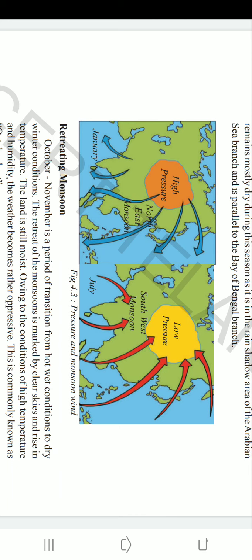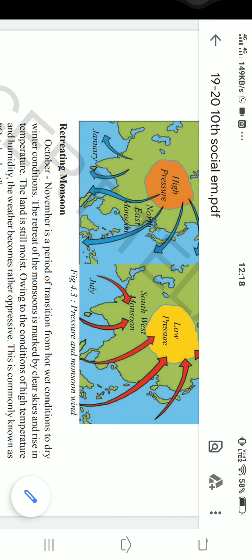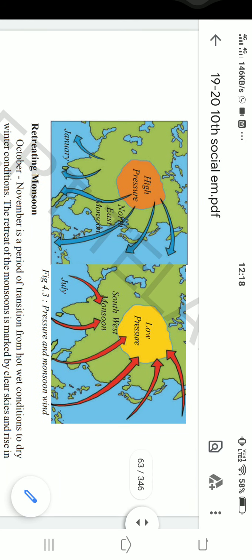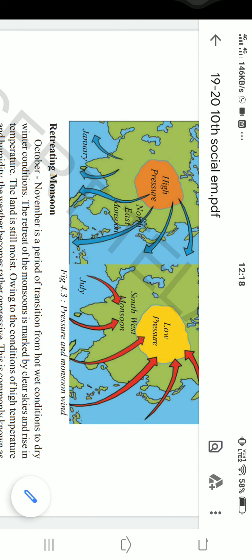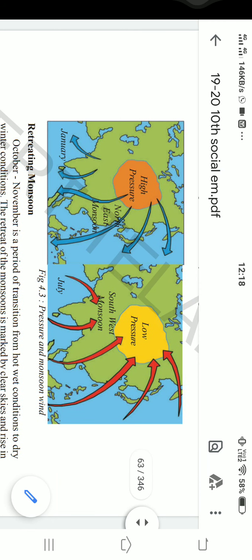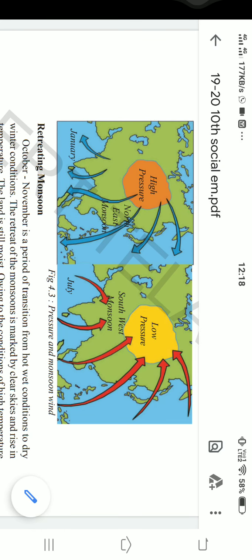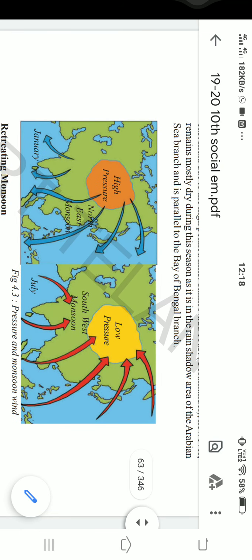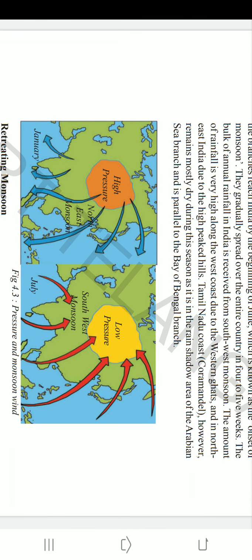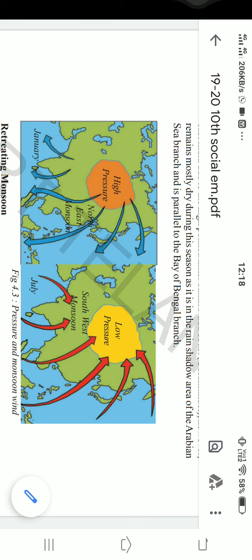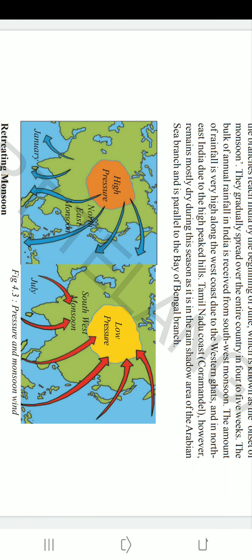What do we call them? They have changed their direction, so we say tirogami pavanalu. In which direction are they blowing? From the northeast, so those are northeast winds, in Telugu Eeshanya rutupavanalu. Understand? When northeast winds blow it is winter season, called rabi season. There the rainfall is not heavy, so wheat is cultivated.